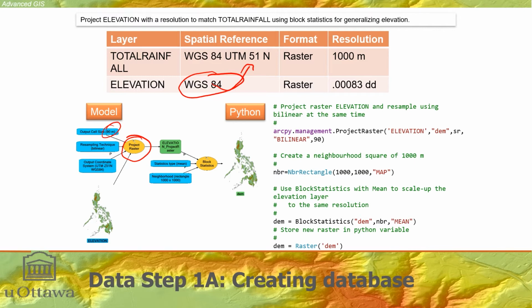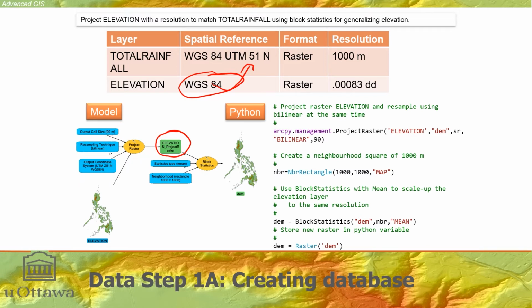Because elevation is a continuous variable, we'll use bilinear interpolation in the resampling. And again, we're not changing the cell size drastically. We're preserving the resolution as much as possible here, so we want to use bilinear. And we specify the output coordinate system, and that produces a layer which is in WGS84 UTM51 North.